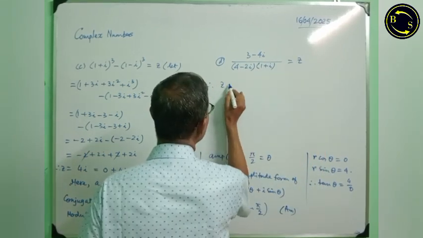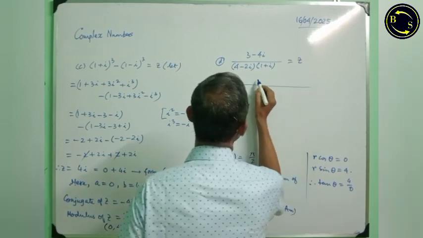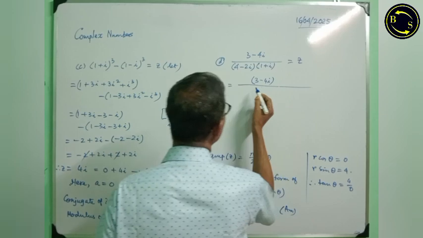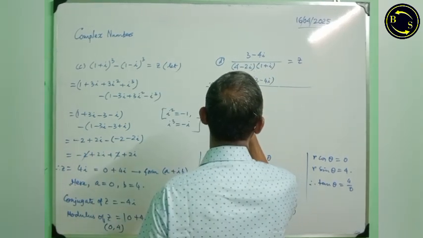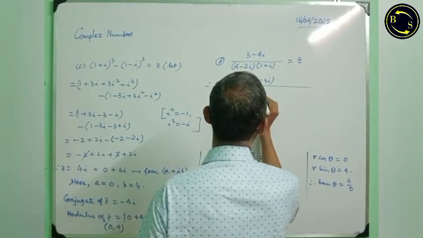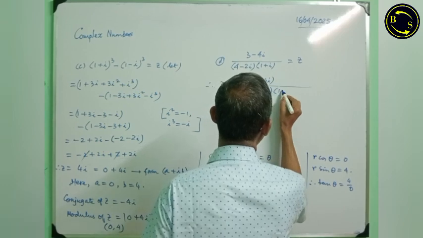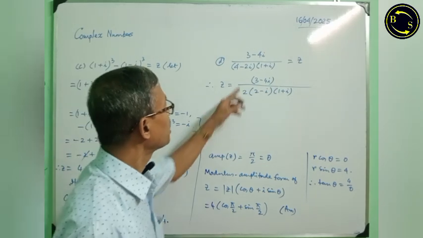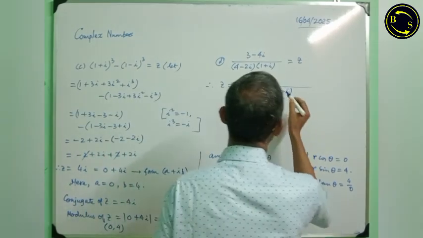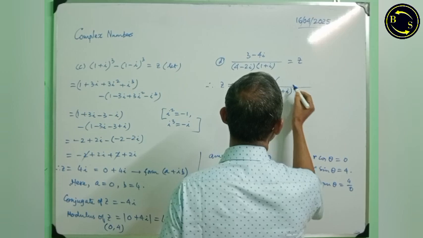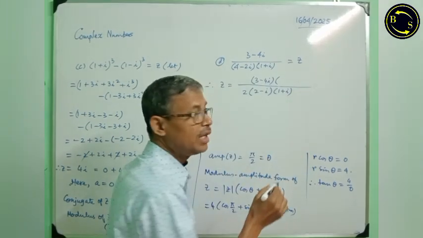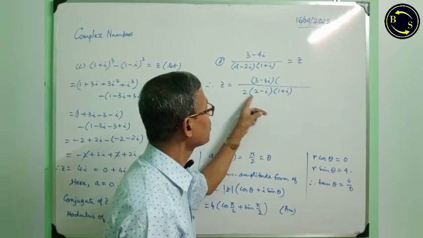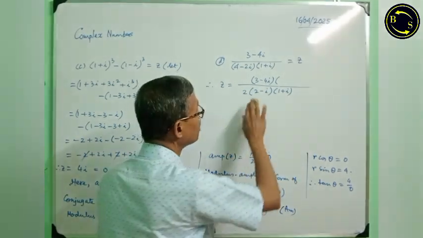Therefore, z equal to first 3 minus 4i, I have taken 2 common factor, then we multiply both numerator and denominator by the complex conjugate of the product of this one. For that, we multiply first.